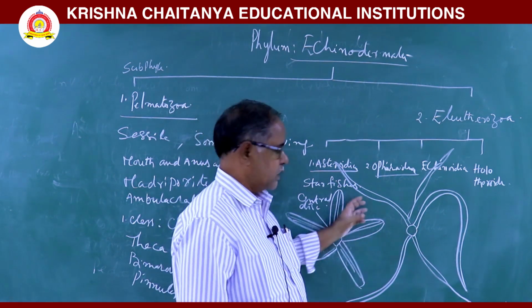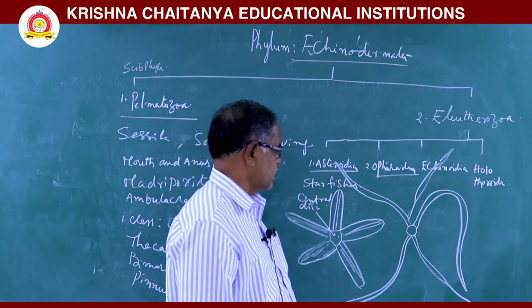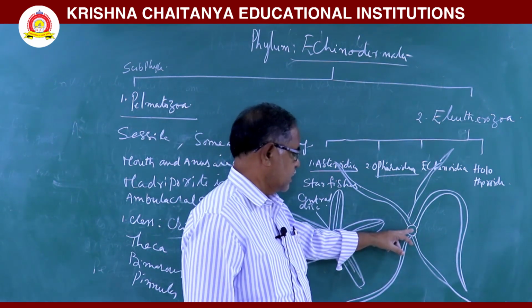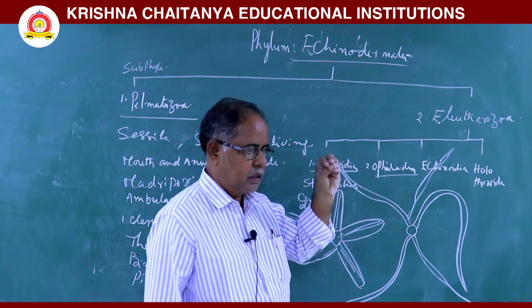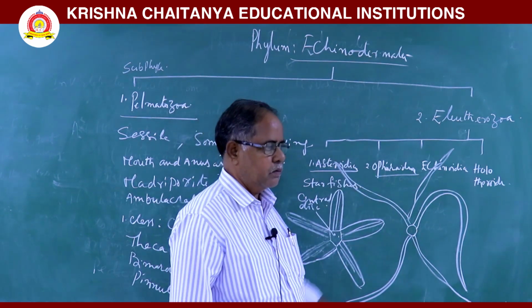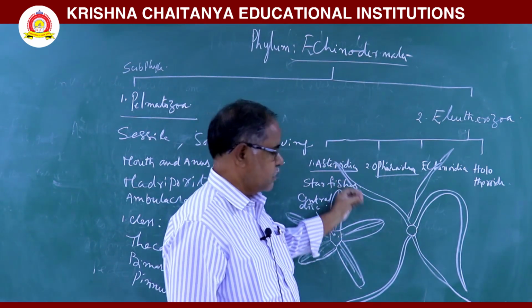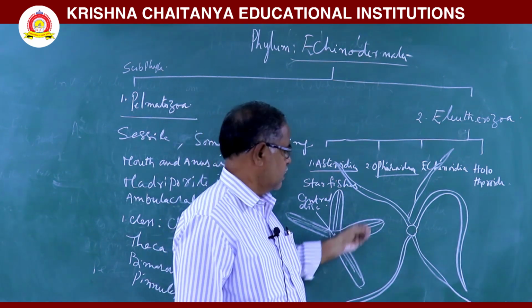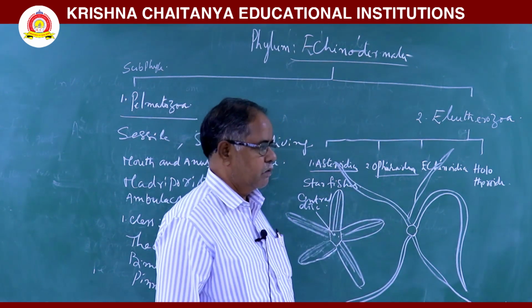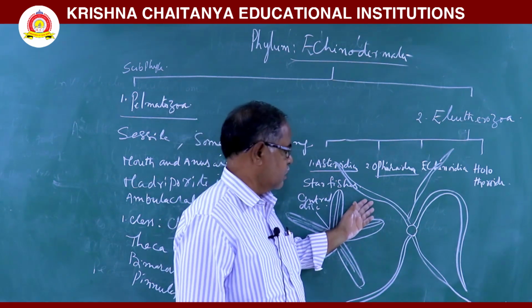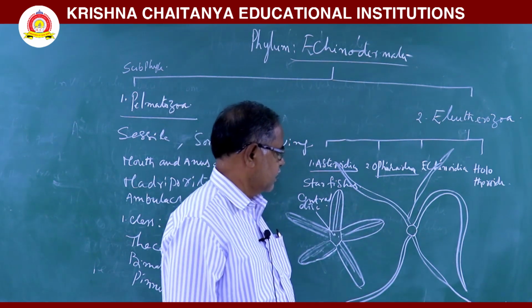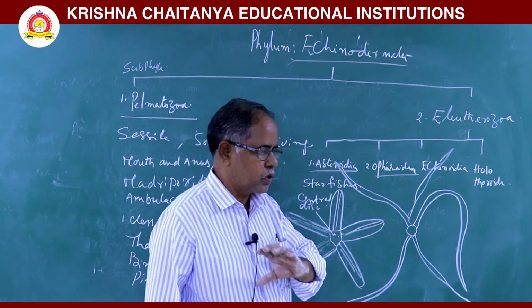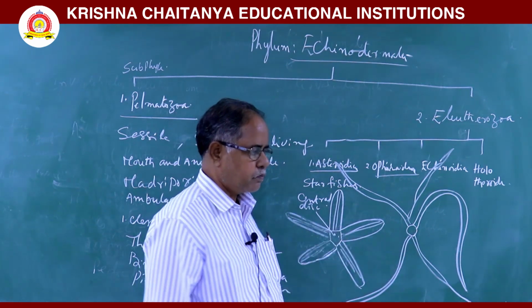Next, basket stars. In these animals, the central disc is demarcated with arms. Here arms are flexible and brittle, and in some the arms are branched. For example, Gorgonocephalus. Ambulacral grooves are closed.